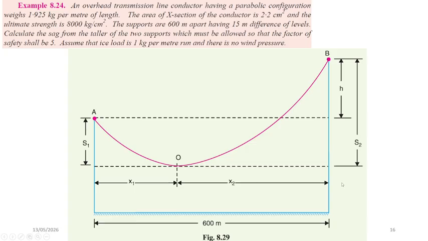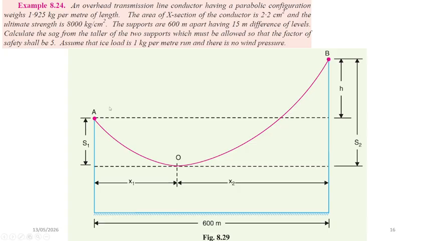So this is another example explaining the sag analysis of an overhead transmission line conductor suspended between two supports at different elevations. Again, we have two elevations here between these two towers. The conductor has a parabolic configuration.